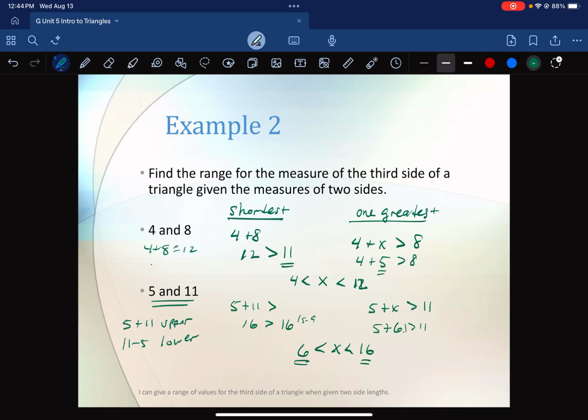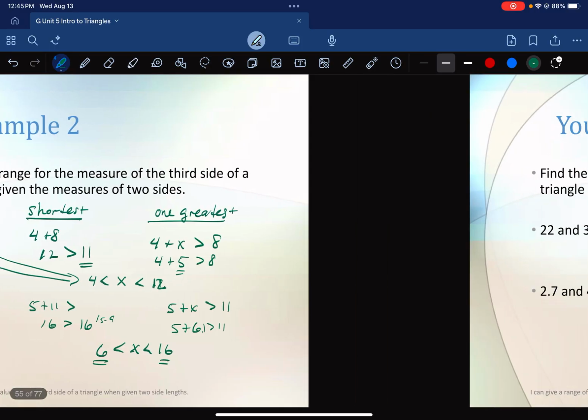So 12 is our upper, and then 8 minus 4 is 4, and that's our lower. So we use 12 and 4 in our inequality here, okay? Because we really can't give the next number what's a little bit larger than 4, 4.1, 4.01, 4.001, 4.0001. So instead of using an equal to bar here, you've got to be greater than 4, and you've got to be less than 12, like 11.99999.